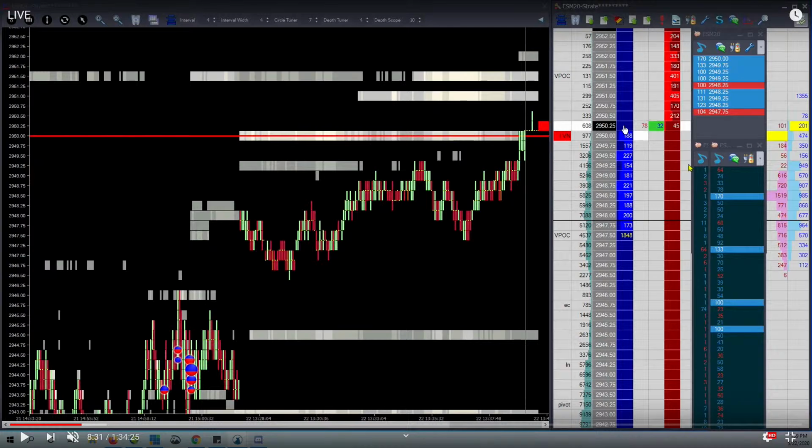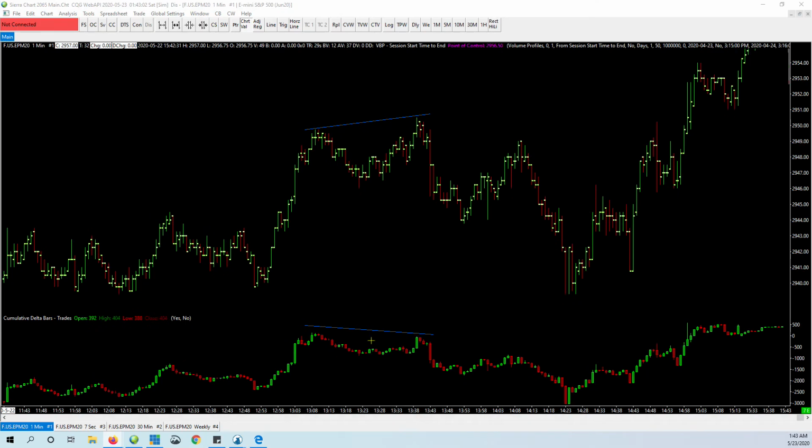Now, again, that's quite a bit of fucking volume to really get a move going. But you have several layers of fucking defense that they have to get through, okay? So that's going to be a real motherfucker. And your little divergence shit ain't going to tell you that. The problem with the delta is it doesn't tell you how aggressive buyers and sellers are being on the bid or offer.